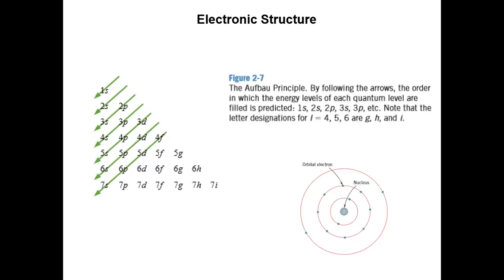Then the 2s level, then the 2p level, then the 3s level, then the 3p level, then not the 3d level but the 4s level. After filling the 4s energy level, it fills the 3d, then 4p, then 5s, then only 4d, like that. I hope you know these things.